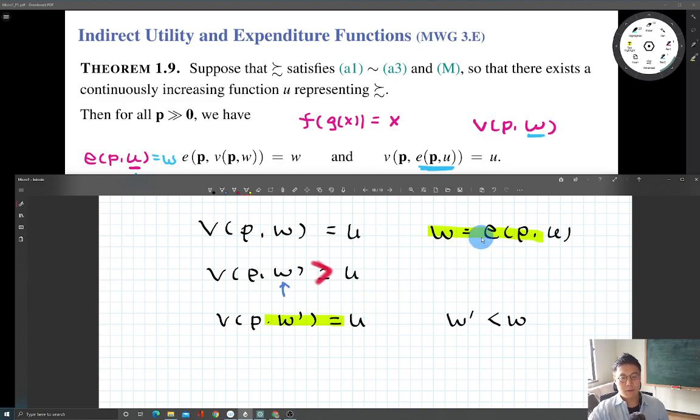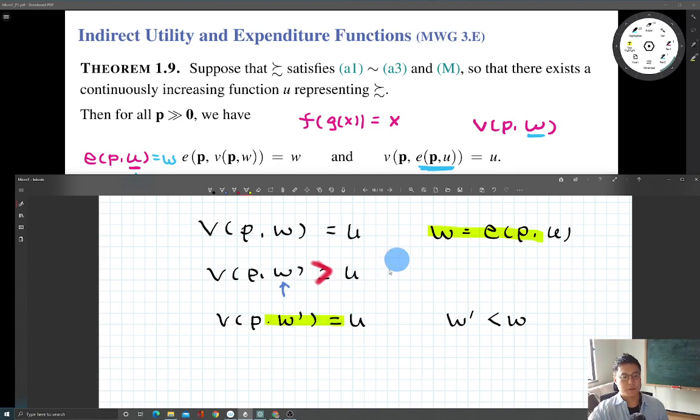So remember, W is a minimal expenditure. The consumer needs at least this amount of money to achieve this level of utility. But this equation tells us that with a smaller amount of money, the highest level of utility attainable is equal to U, meaning that the consumer can achieve the same level of utility with less money.